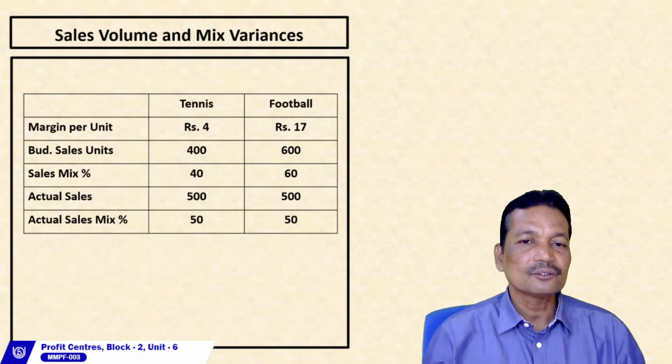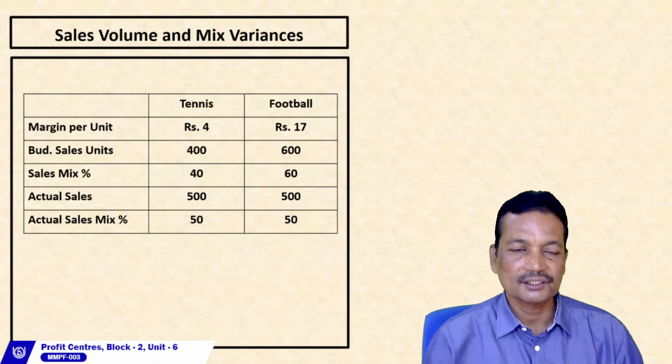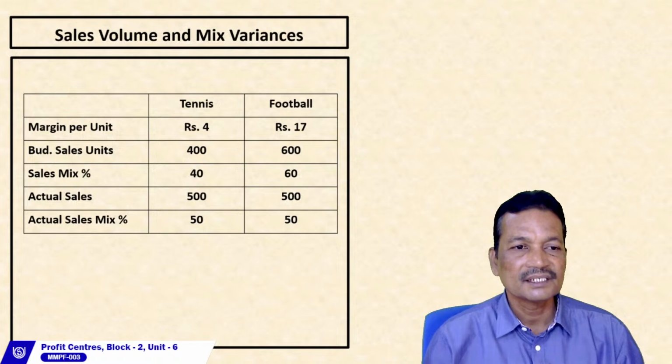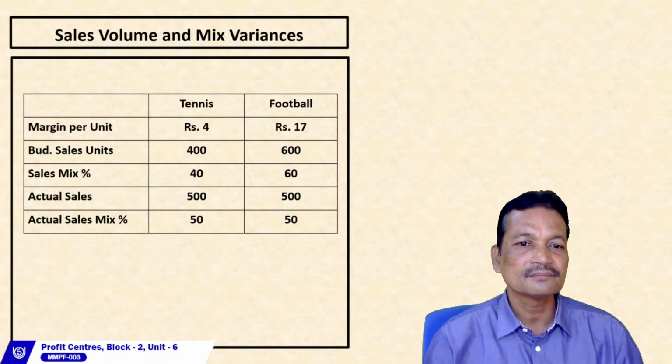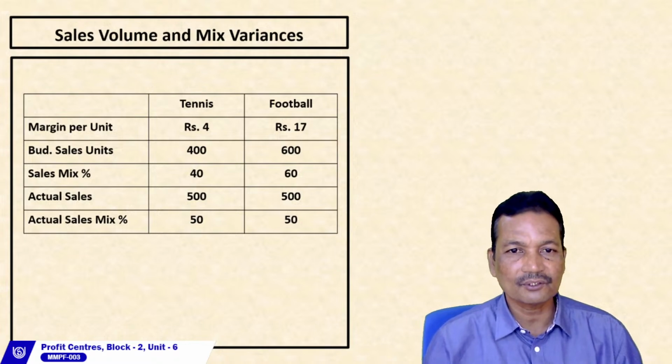Now here we try to see what is the sales mix percentage. In the budgeted case, it was 40:60, 40%, 60%, but actually it was 50, and it was also 50% for the football.